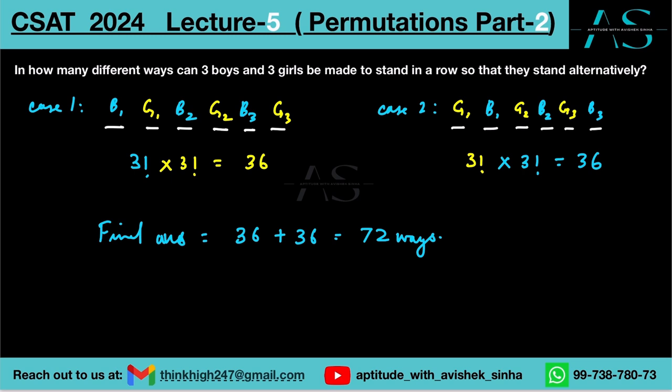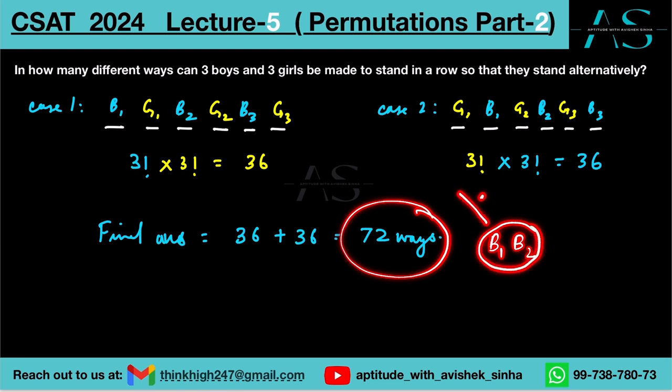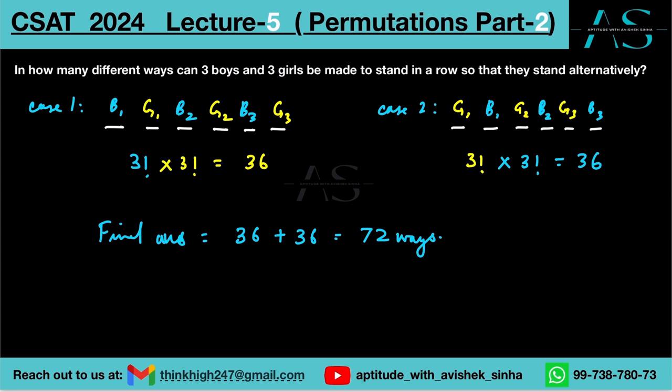In none of these 72 ways can one boy and the other boy stand together. This is not happening. In these 72 ways, it will always give rise to one boy, one girl, one boy, one girl, one boy, one girl. Or you can start with a girl and end with a boy. Something like that. I hope this part is clear and you are following this.